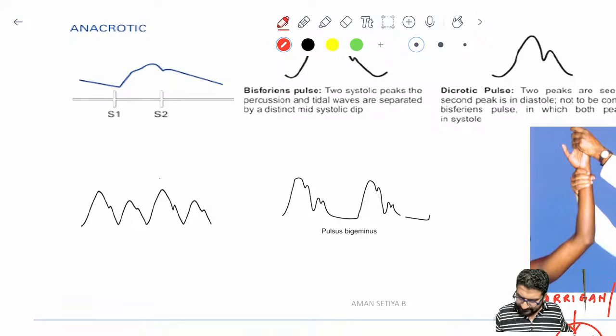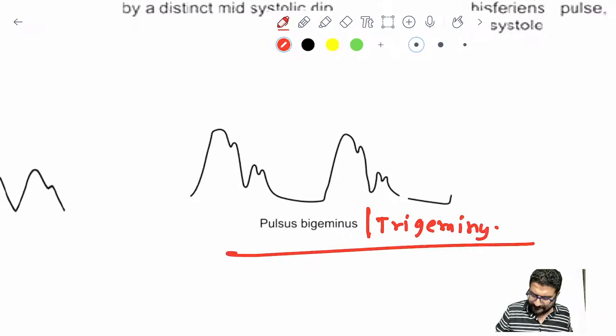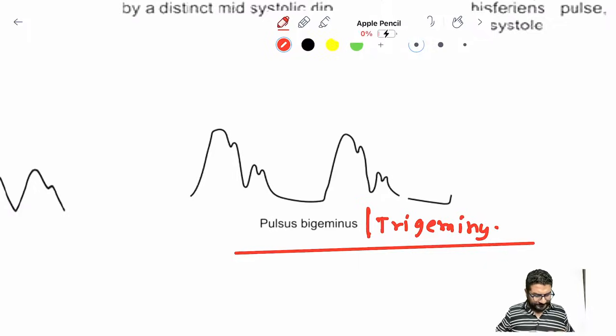Okay, moving to pulses: bigeminy, trigeminy. Where do we see bigeminy, trigeminy?